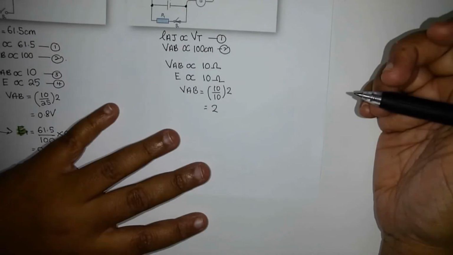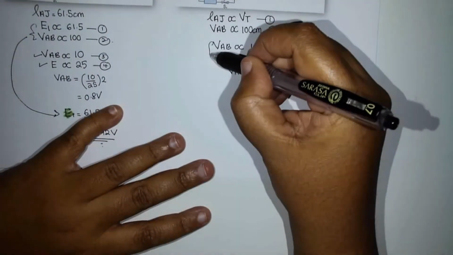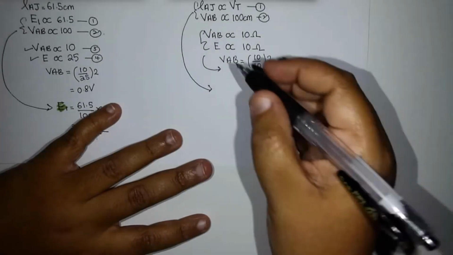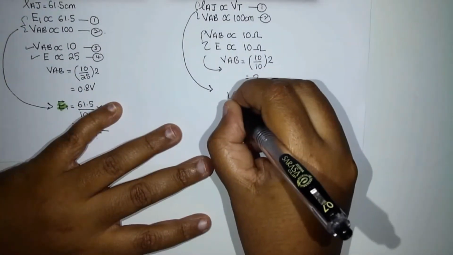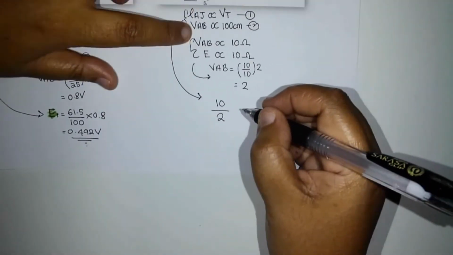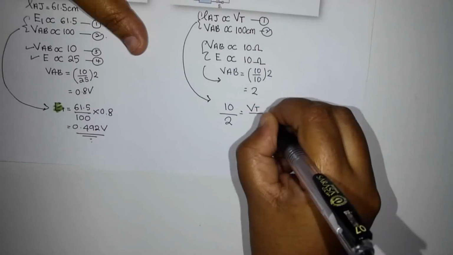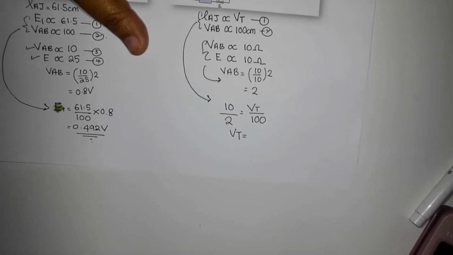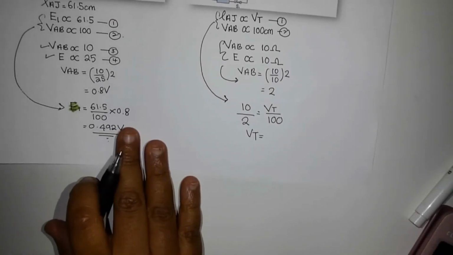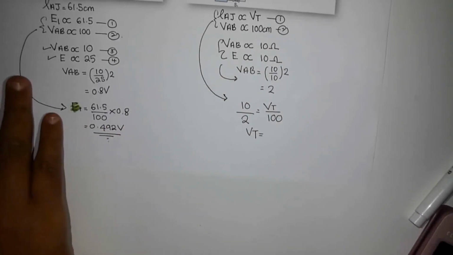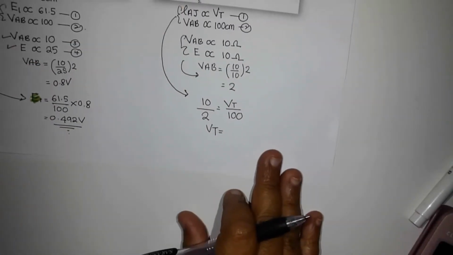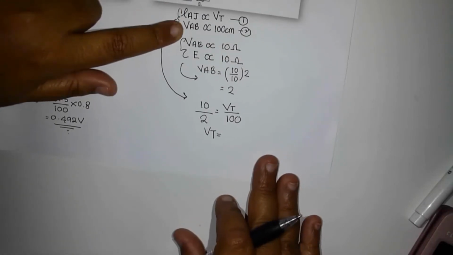Okay, so now we already got this. Now from this we are going to get VT. Okay, so LAJ is 10 cm, VAB is 2.